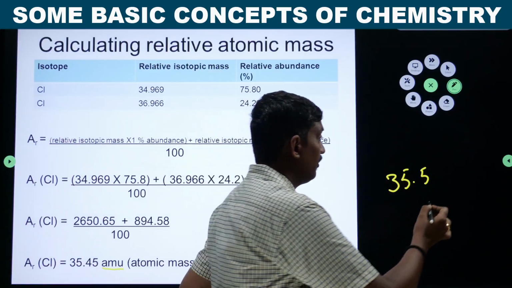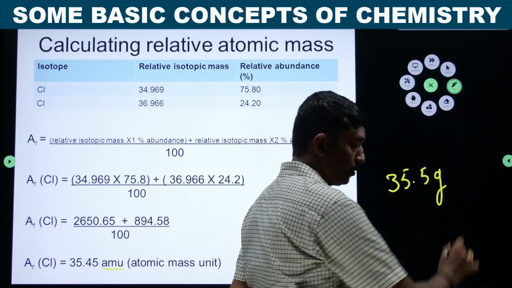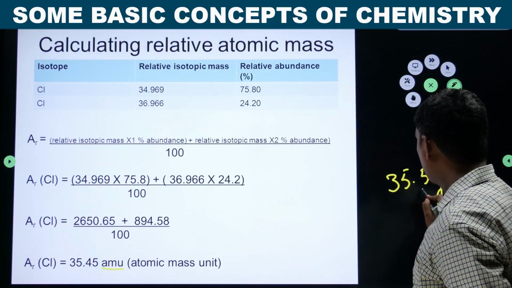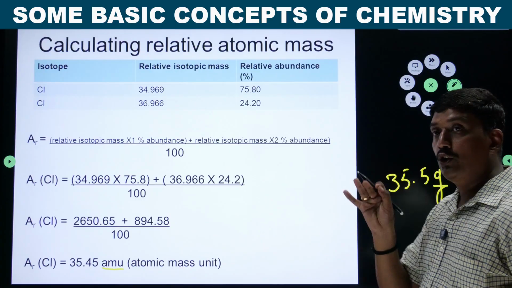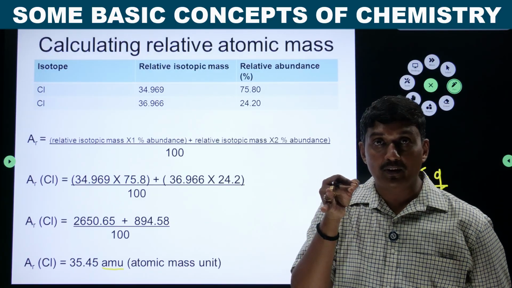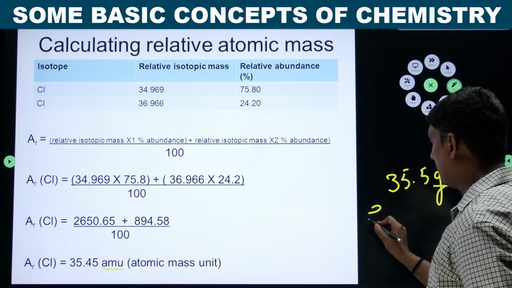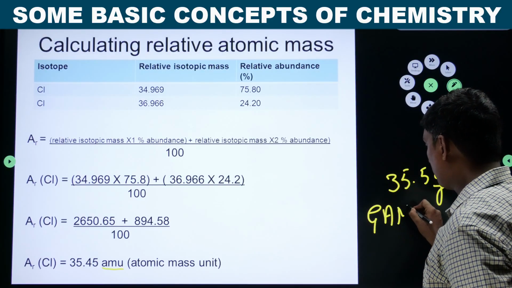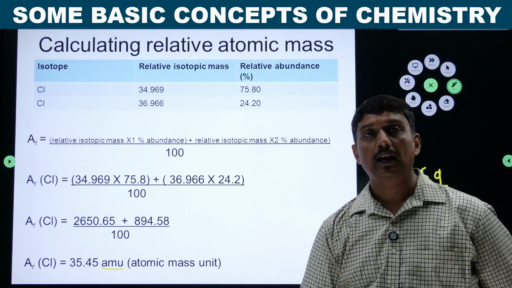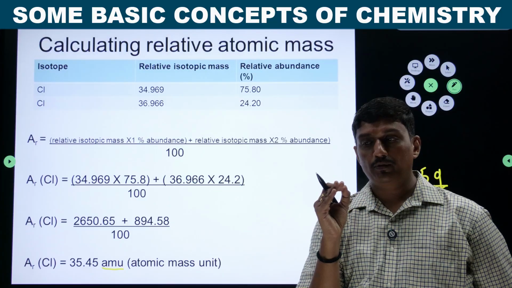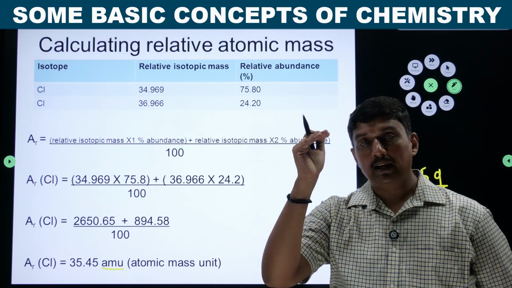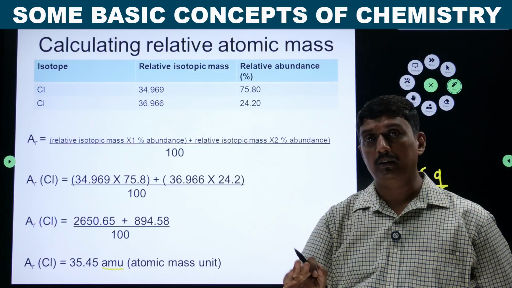If I write g, it clearly mentions it is related to mass. So 35.5 means gram. When you express the mass of an atom in terms of gram, it is said to be gram atomic mass, GAM.